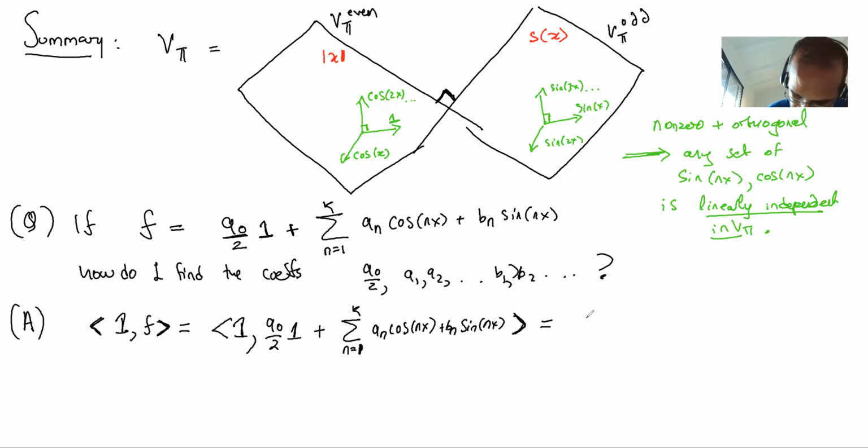So this becomes a naught over 2 times the inner product of 1 with 1, plus the rest. Let me pull the an out as well.